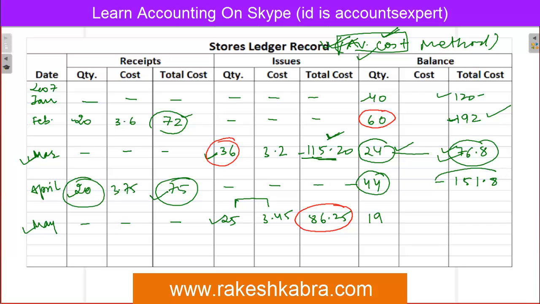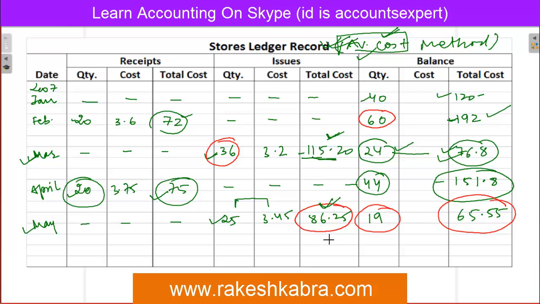From this value 151.8 we have to subtract this cost of goods sold, 86.25. So the value of these 19 units will come 65.55. This is the cost of goods remained.